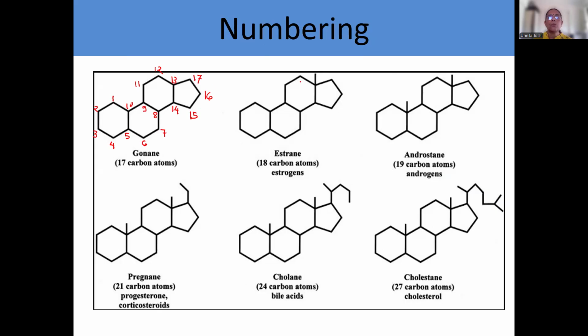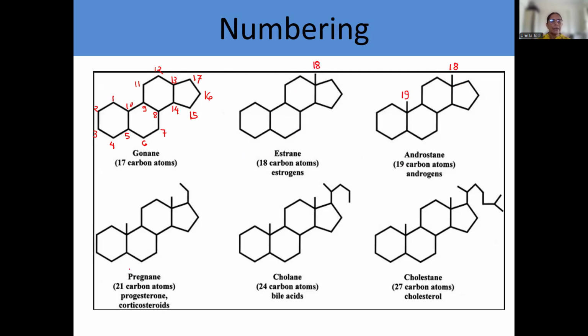Now in estrane, what is extra is an angular methyl group. The rest of the numbering is just the same. And this angular methyl group is numbered as 18. Going to androstane, as compared to estrane, what is extra is one more angular methyl group at C10. And this is numbered as 19.